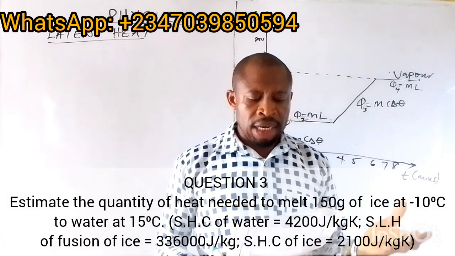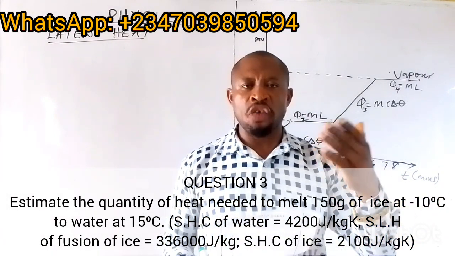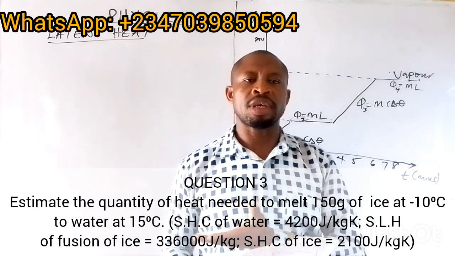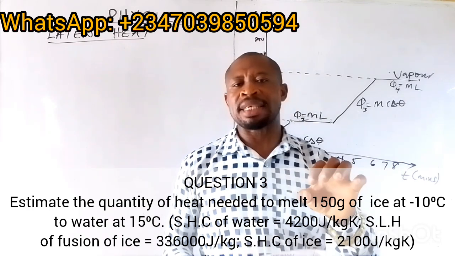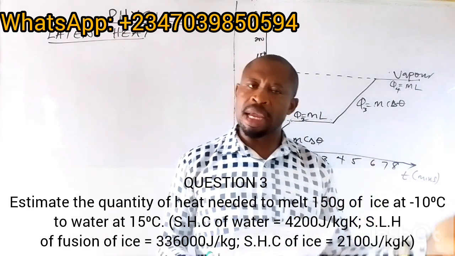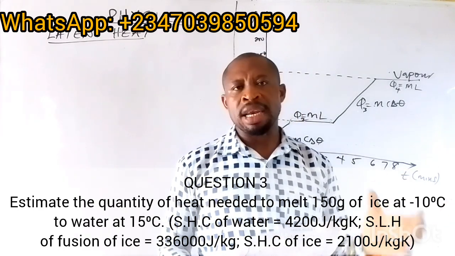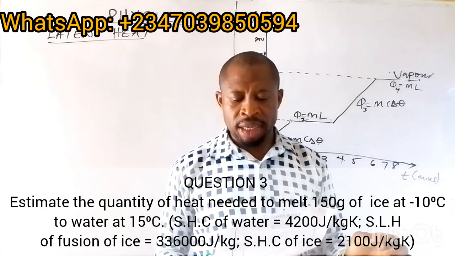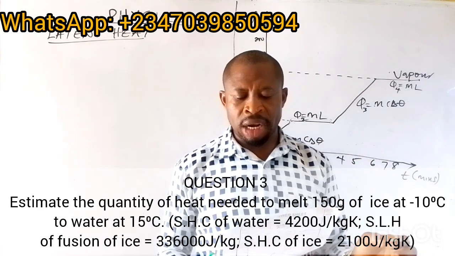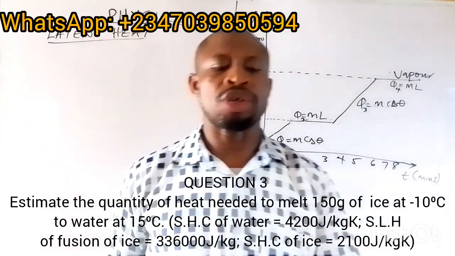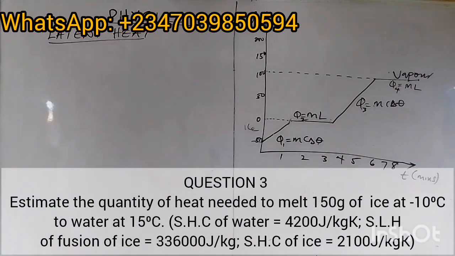Given that the specific heat capacity of water is 4,200 joules per kg per Kelvin, specific heat capacity of ice is 2,100 joules per kg per Kelvin, then specific latent heat of fusion of ice is 336,000 joules per kg. So we now have the solution.